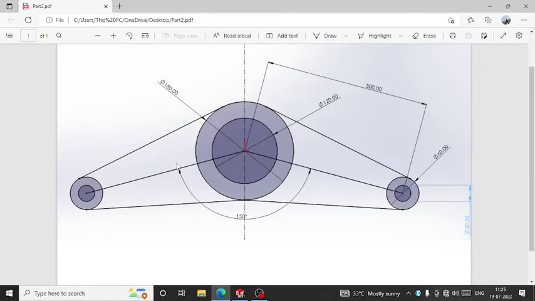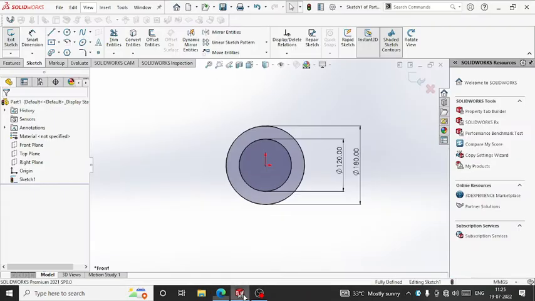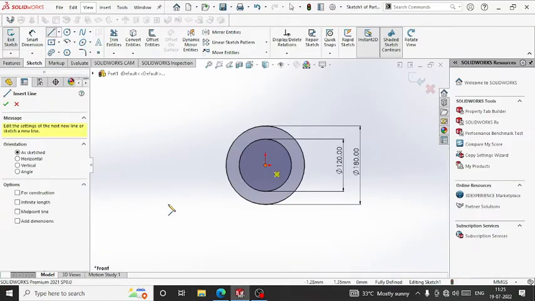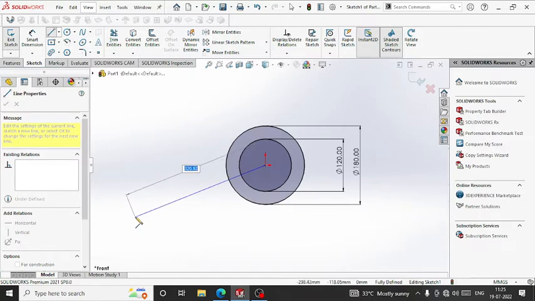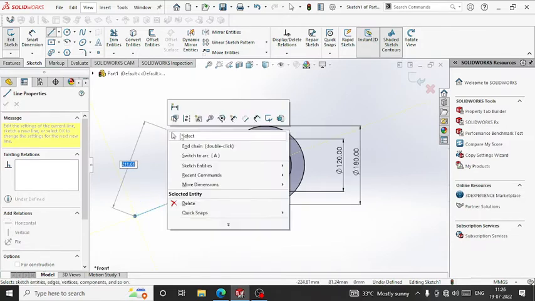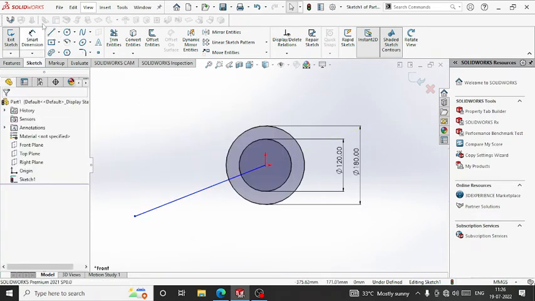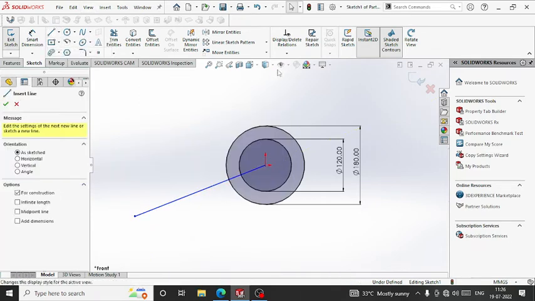Two lines 150 degrees apart. Take a center line.